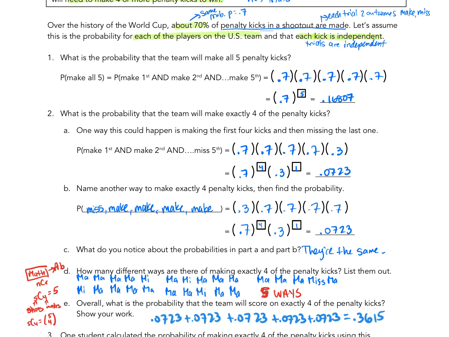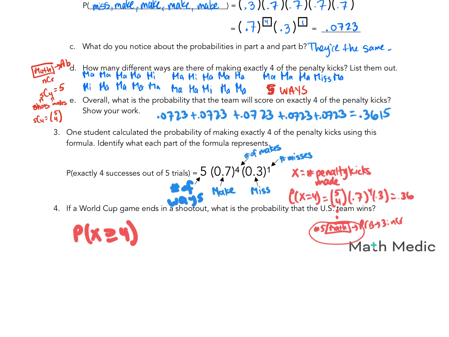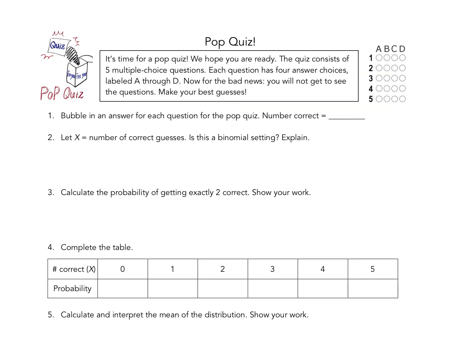We found that earlier to be 0.16807. The probability of 4 we just found, 0.3615. Okay, so we would just add these together, and we get 0.52957. The end.